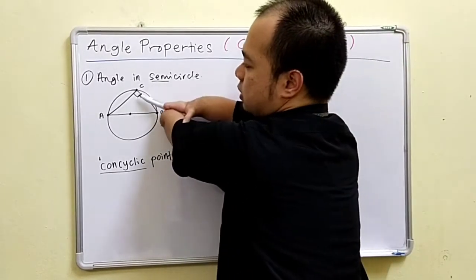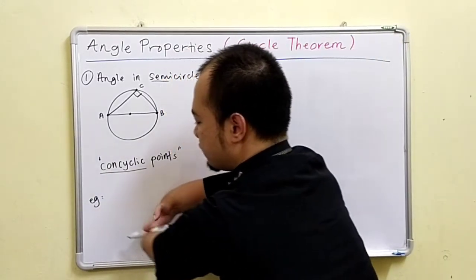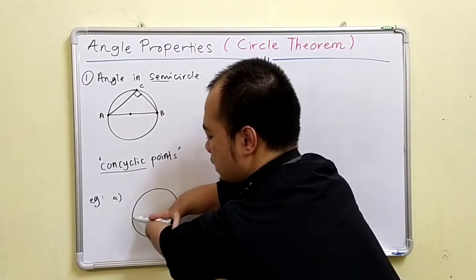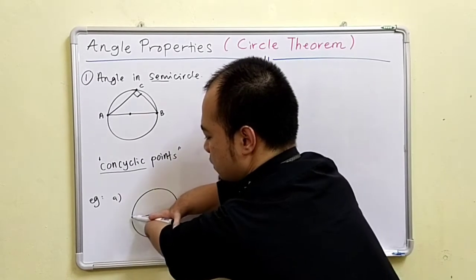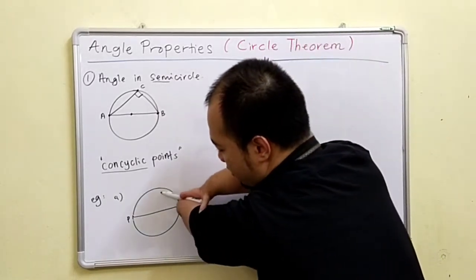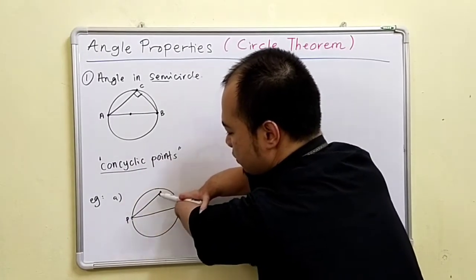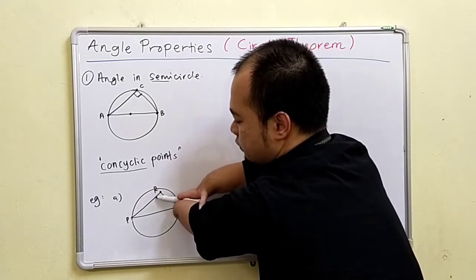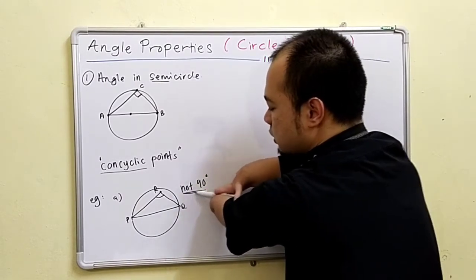Then it will make 90 degrees. But for example, in case A, if given this type of circle with the diameter from P to Q, and suddenly point R is somewhere over here, if you connect from here to R, this value is not 90 degrees, which is not a right angle triangle.